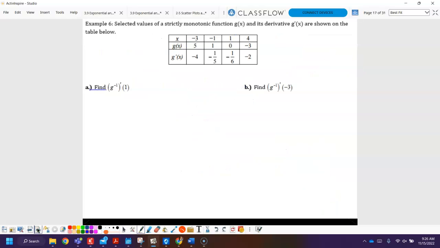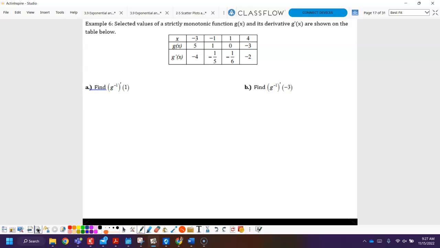G inverse prime of 1. So going back to this idea here, G inverse prime of 1 means that 1 is the y value of the original G. So you want to go to your table and find 1 as the original y, which means the x is negative 1.